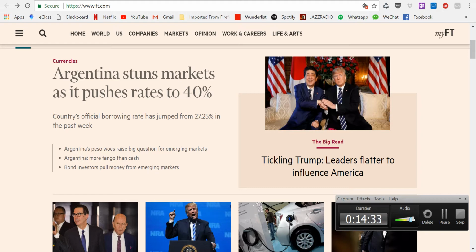The official inflation rate is somewhere around 25%. So what costs you $100 now to buy, in 12 months' time will likely cost you $125. When you have 25% inflation, a 40% interest rate doesn't seem to be a lot.